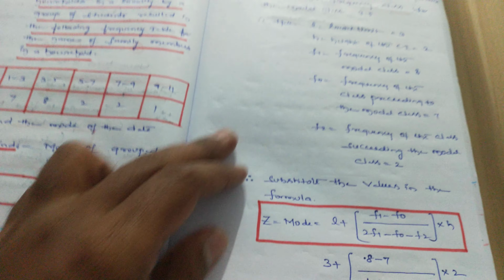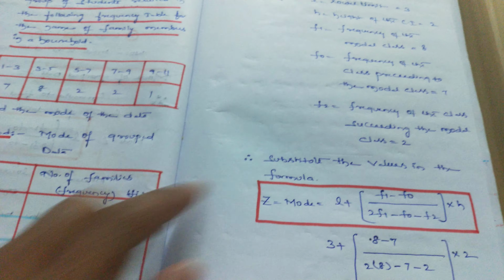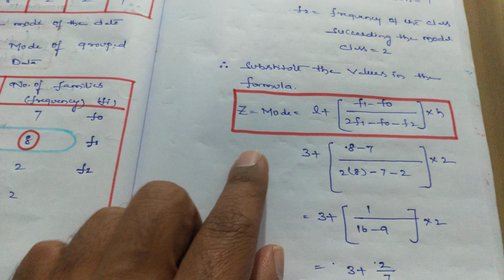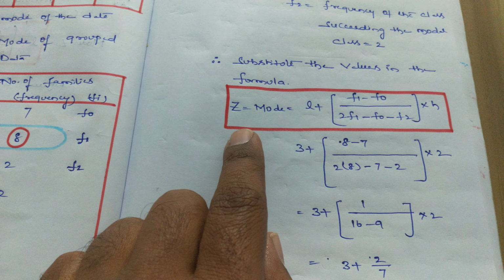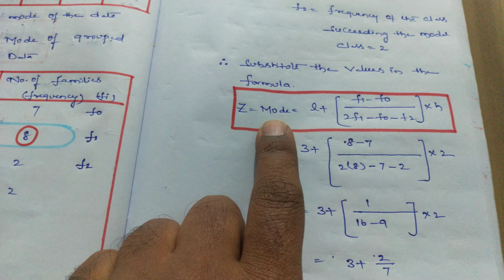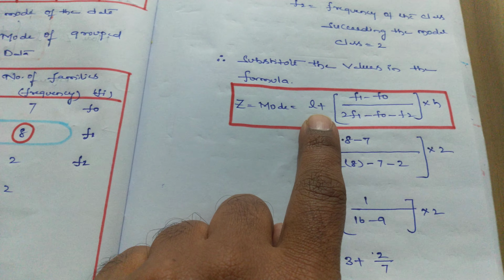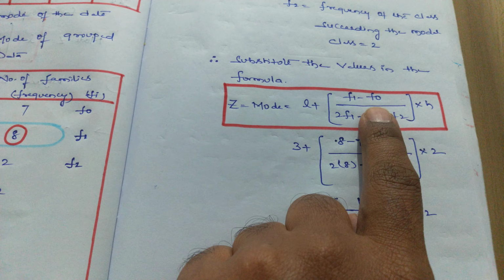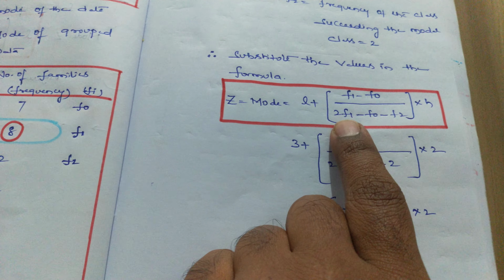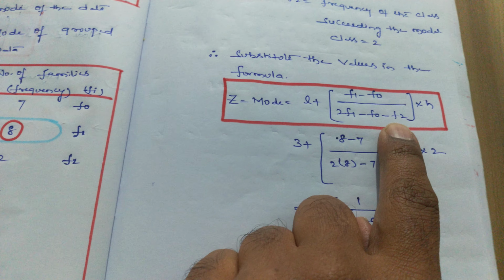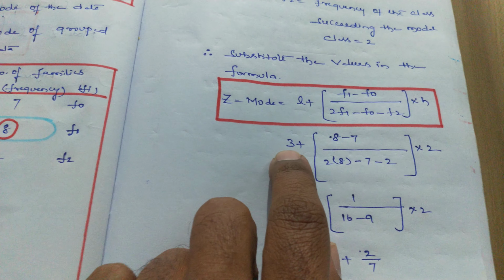Then after taking all the values from the given grouped data, substitute the values in the formula. Z equal to mode equal to L plus f1 minus f0 by 2f1 minus f0 minus f2, into h. So substitute the values.